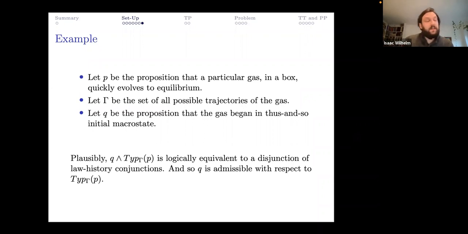Or it could literally be a law. Or maybe there's some other super tight relationship between the laws in question and the typicality facts. That's why there's this requirement that P is logically equivalent to a disjunction of conjunctions that specify ways the world could be and also the laws.